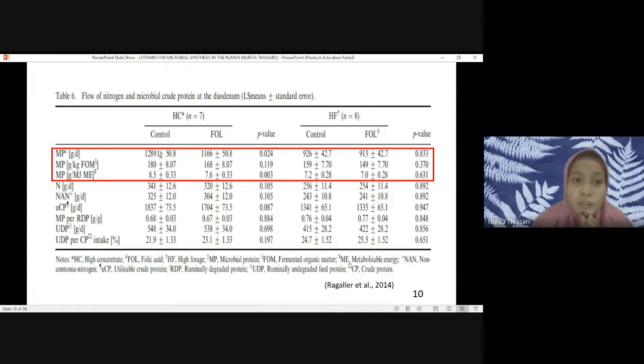Both studies show that microbial protein synthesis with the addition of folic acid becomes less between the high concentrate and the high forage. As I mentioned before, the paper says it happened because there is less energy for the microbes to synthesize the microbial protein.